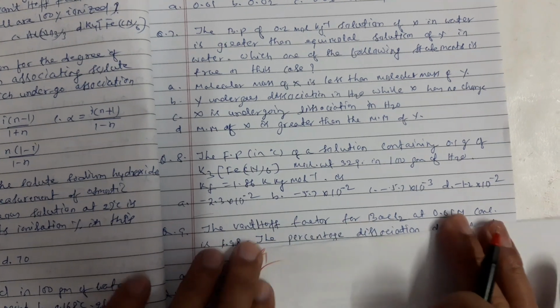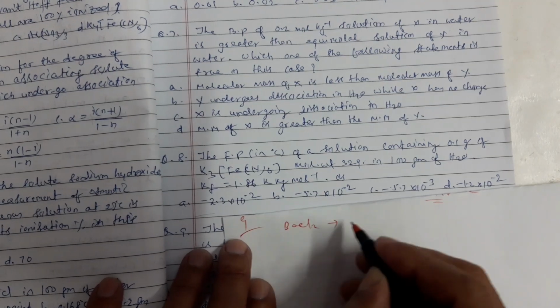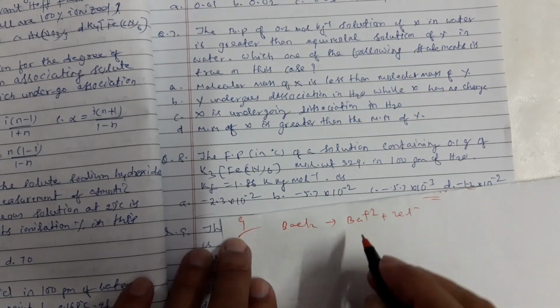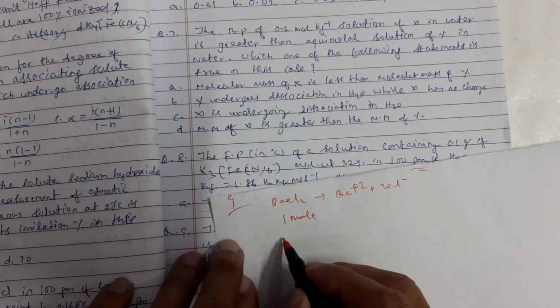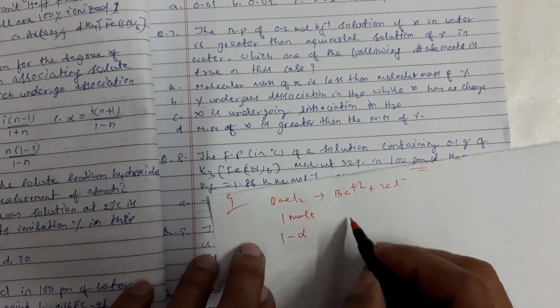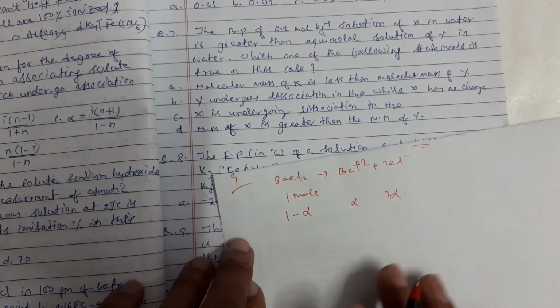Barium chloride dissociates into Ba 2 plus and 2 Cl minus. Initially it is 1 mole. After some time 1 mole changes to 1 minus alpha, where alpha is the degree of dissociation, and it gives 2 alpha.